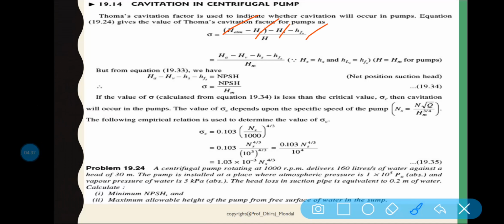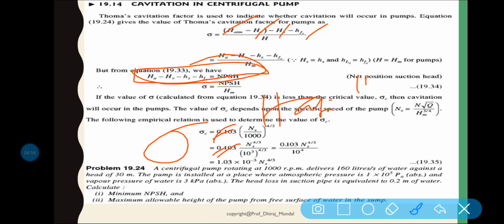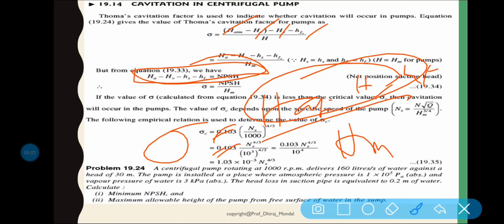So ultimately this is your NPSH, which we have already got. Also we know that in terms of cavitation, sigma is equal to H atmospheric minus HV minus HS minus HFS by HM, the manometric head.